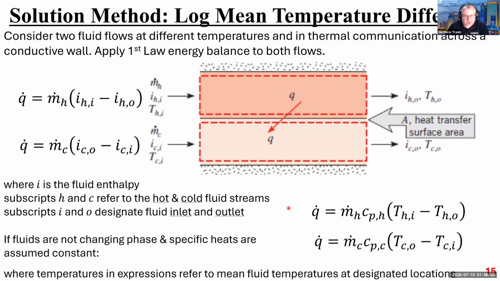Okay. Let me just read this one. It says where temperatures in the expressions. Oh, yes. Okay. So things are about to get more complicated. These temperatures in the expressions refer to the mean fluid temperatures at the designated location, right? We have not yet talked about convective heat transfer, but when we do, you will realize that if I'm dealing with a fluid that's moving through a pipe, there is a temperature profile in the tube, right?